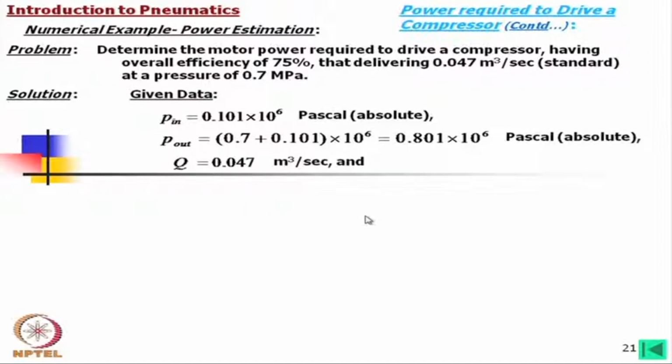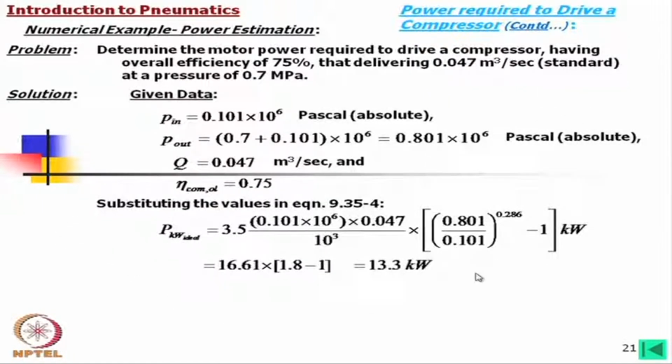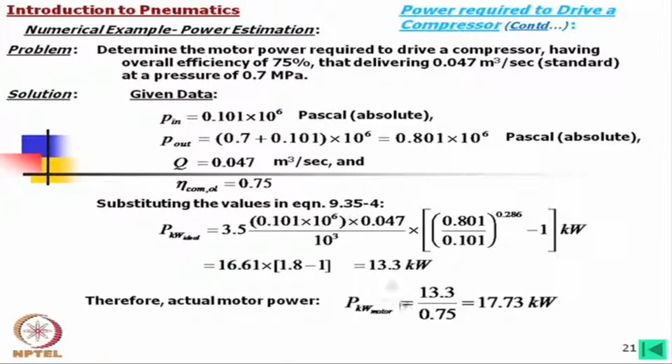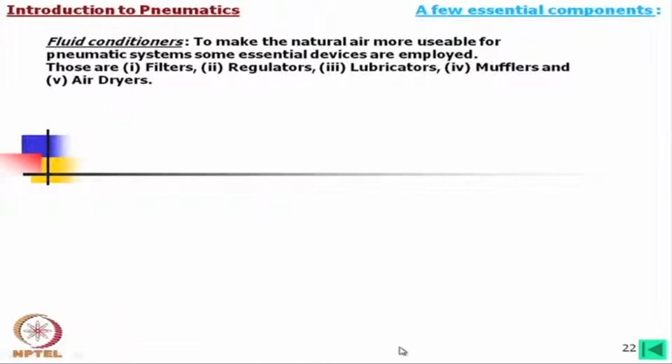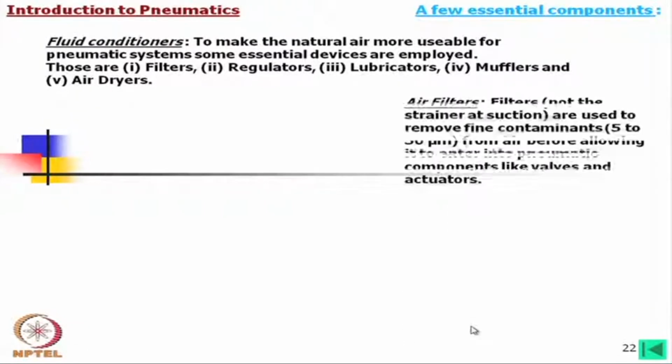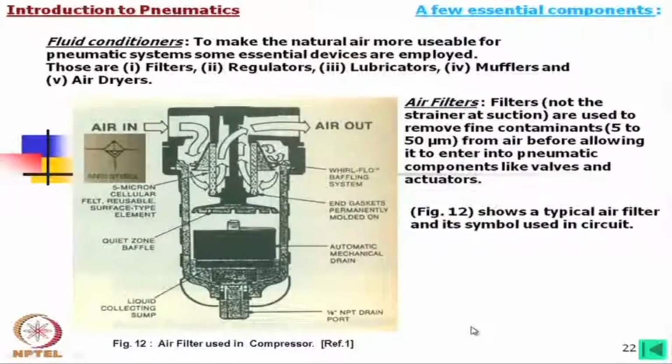Considering this, we can calculate the ideal power as 13.3 kilowatt, and the efficiency is 0.75. So, 17.73. So, we recommend a motor of 18 kilowatt. I think we can continue these components in the next lectures.